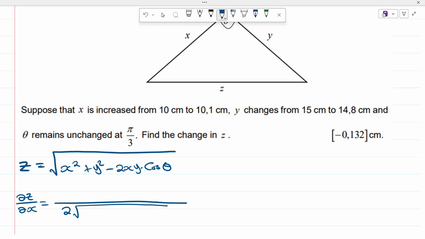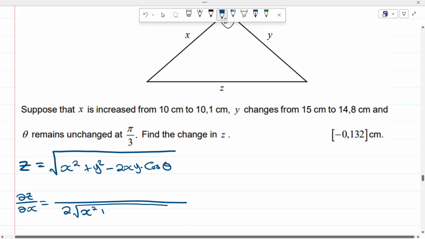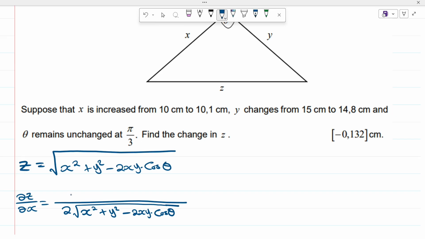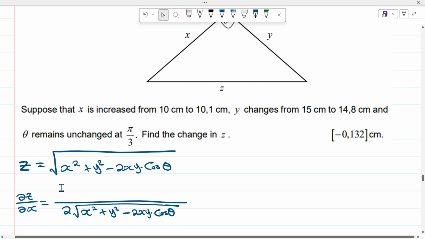So we know that whenever we're differentiating a root, you put a fraction, and then on the denominator you say 2 root of what you were given. So 2 root of x squared plus y squared minus 2xy cos of theta. So on our numerator here, we're going to differentiate partially with respect to x.